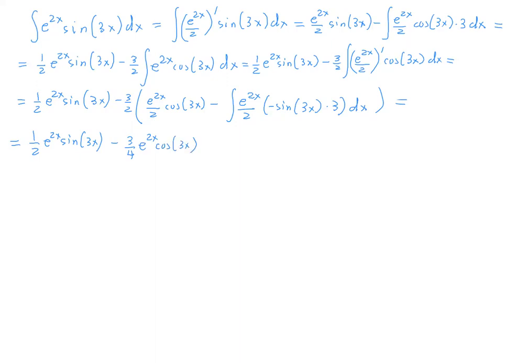And now how many minuses do we have? We have 3 minuses. So this will be minus, and we can extract the 3. So this will be 9 over 4, because we're extracting the 3/2 from the integral, and we already have the 3/2 here.